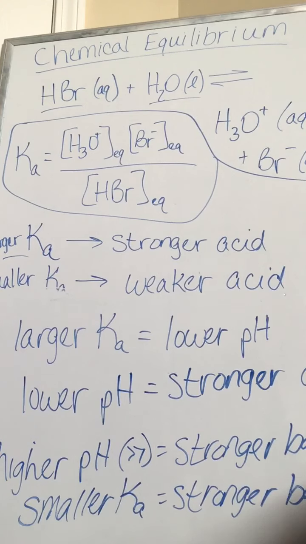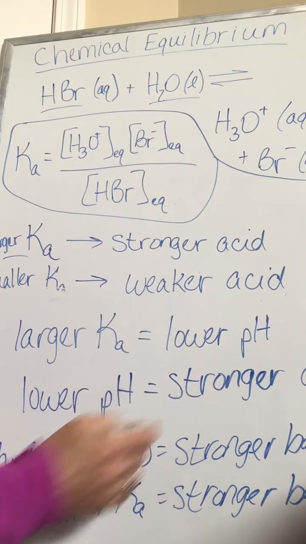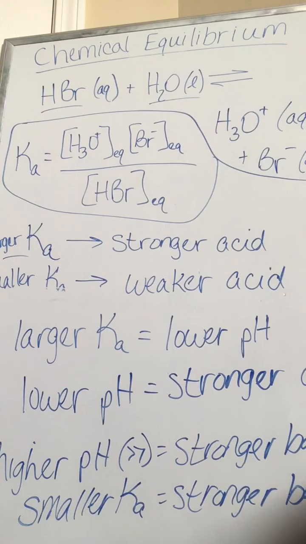Okay, so those are the general relationships between the acids and the bases and the equilibrium constant. Okay, so relating that, like I said, if you have a larger Ka, you're going to have a lower pH. If you have a lower pH, you have a stronger acid. You need to be familiar with these relationships.